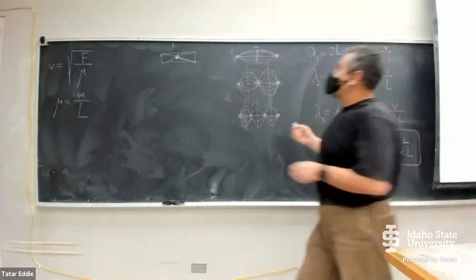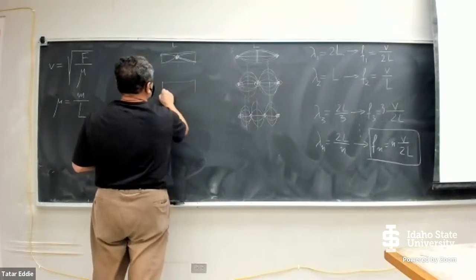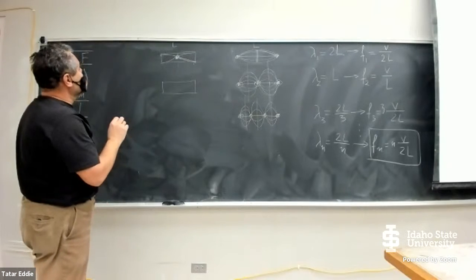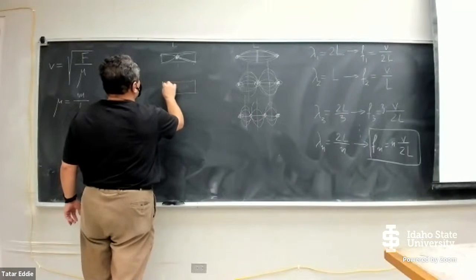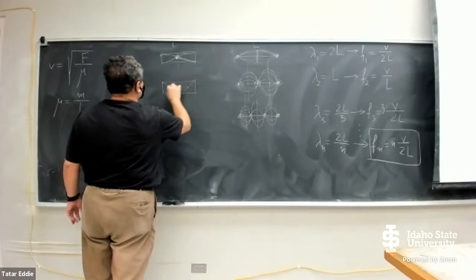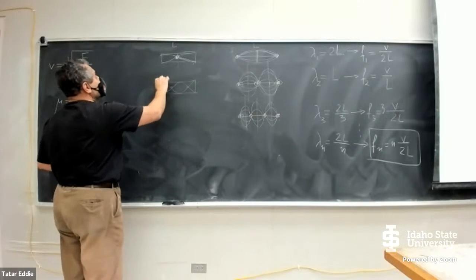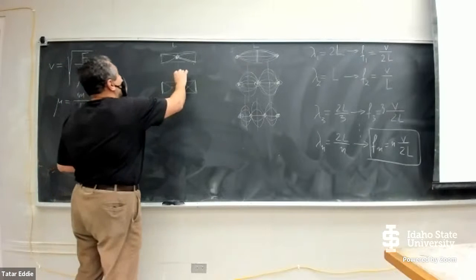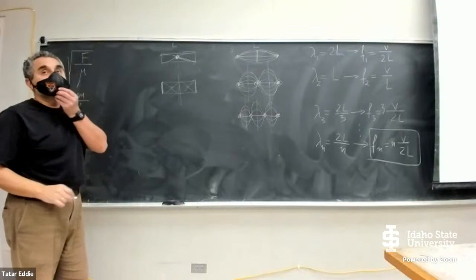In a similar manner, you can make the argument that the second harmonic is going to look the following way. So you're going to have a stable pattern that looks like this. You have antinodes always at the open ends, and you have another antinode in the middle of the pipe. This is the second harmonic.